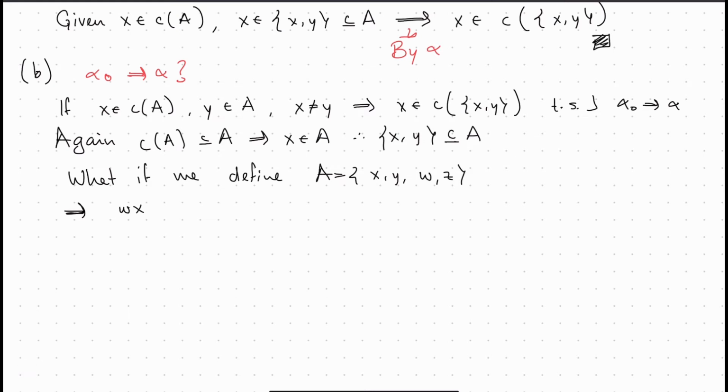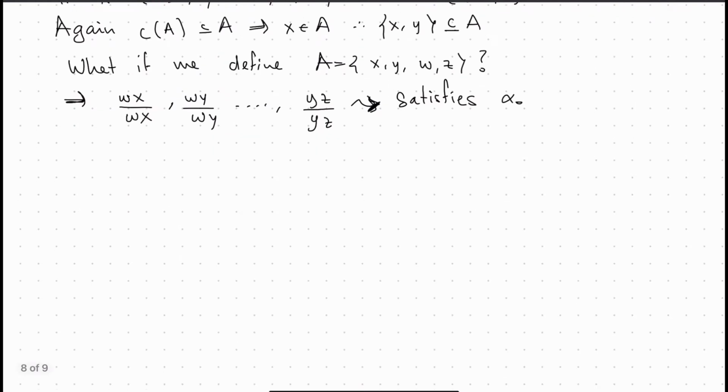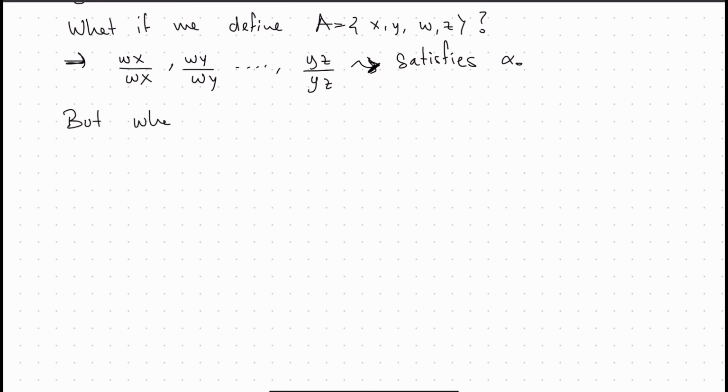We can define C over wx as wx, over wy as wy, and so on, and over yz as yz. This satisfies alpha 0, but what happens if we have a choice correspondence over x and this is not defined?